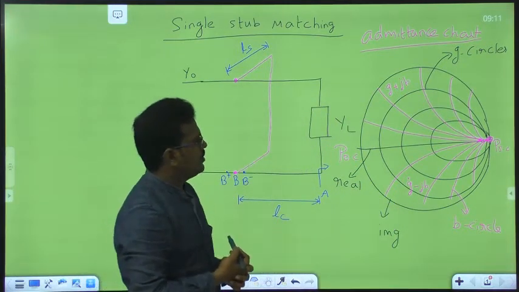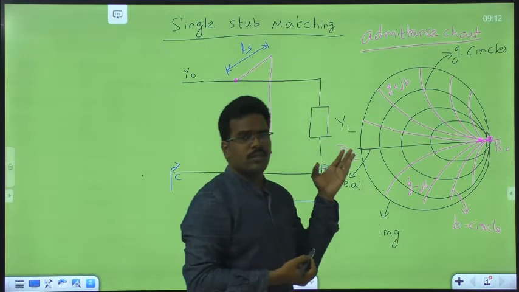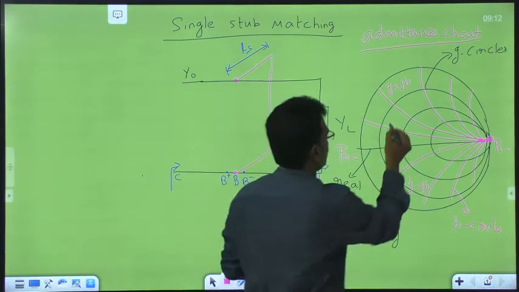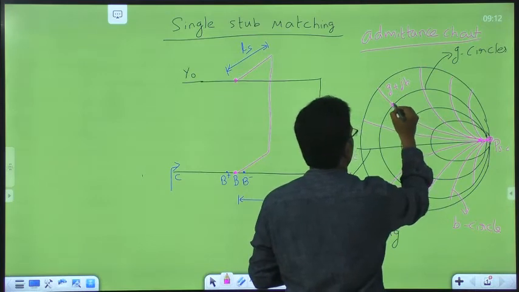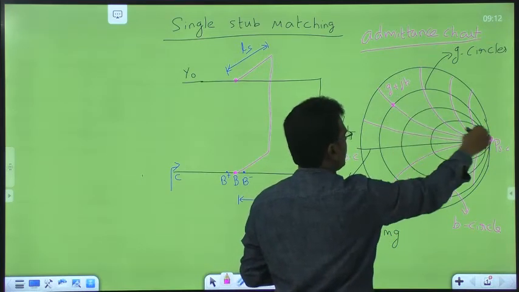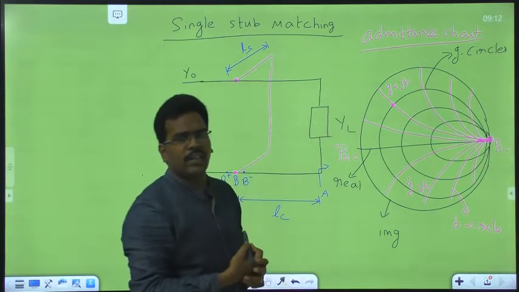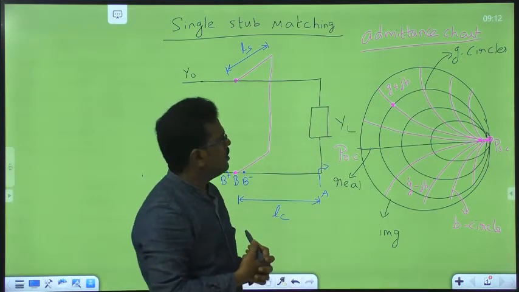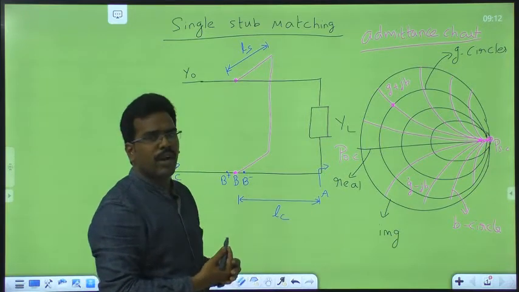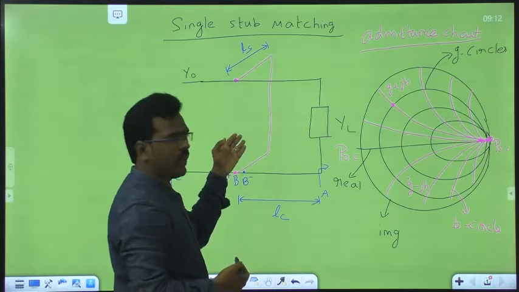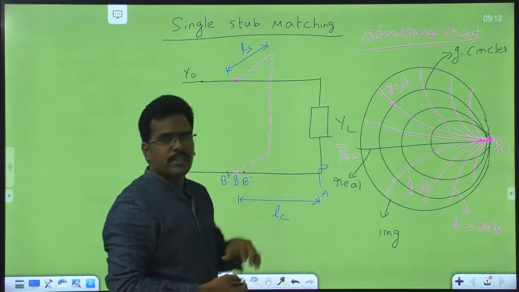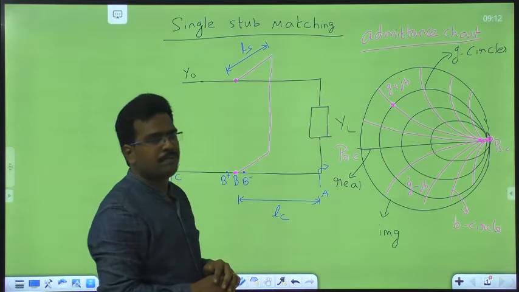Intersection of G circle and B circle gives the admittance value at that point. With this basic information, I am going to find out the location of the stub, length of the stub, and stub admittance for impedance matching purpose.